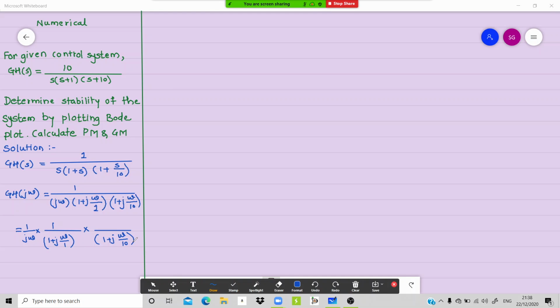Clear, right? So 1 upon j omega is the pole at origin.